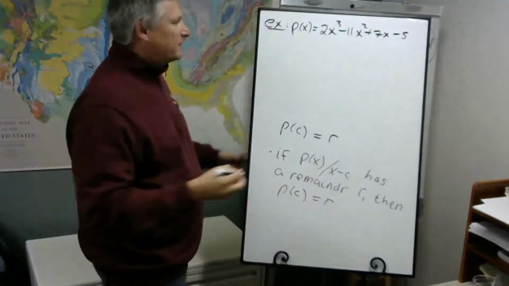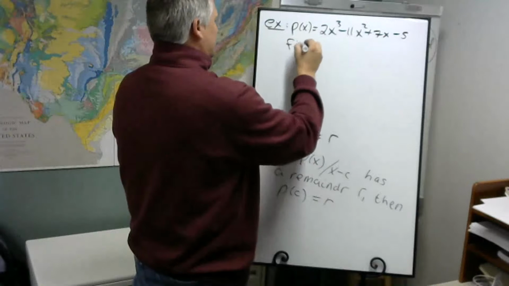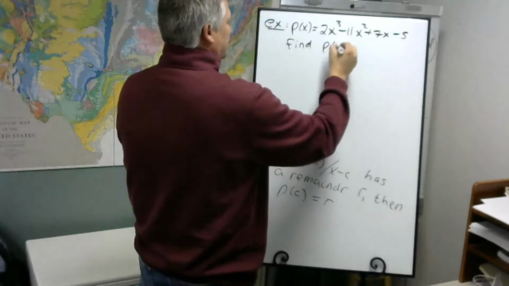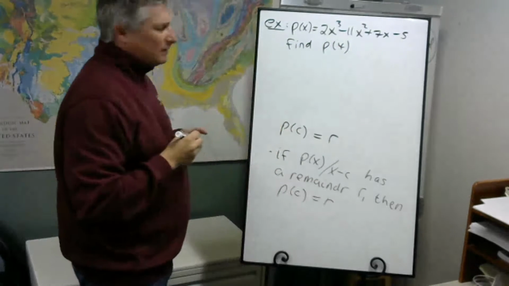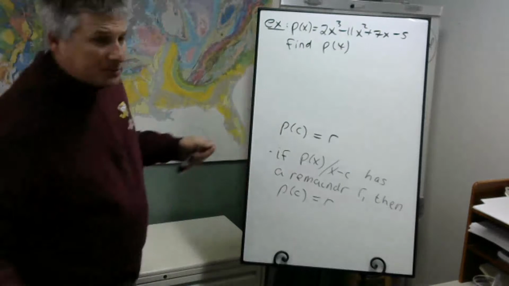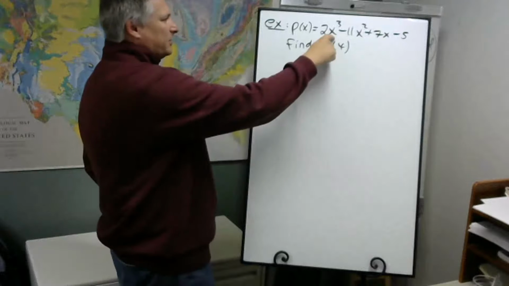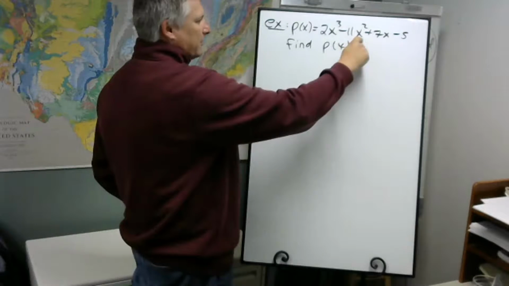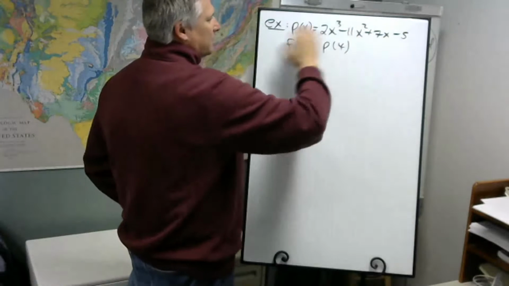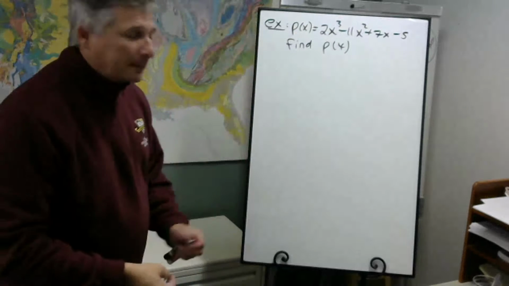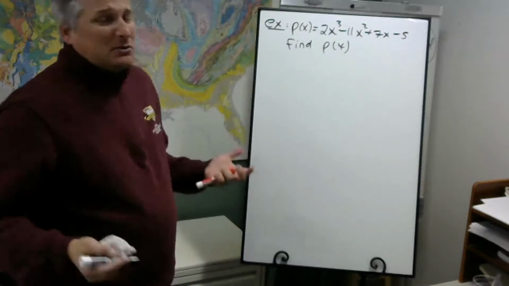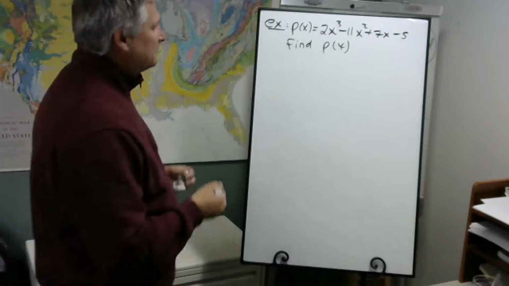And let's say we want to find P of 4. Well, we could substitute 4. And we'd have to come up with 4 cubed times 2, 4 squared times 11, 7 times 4, and then add and subtract accordingly. But maybe this could be easier with synthetic division.